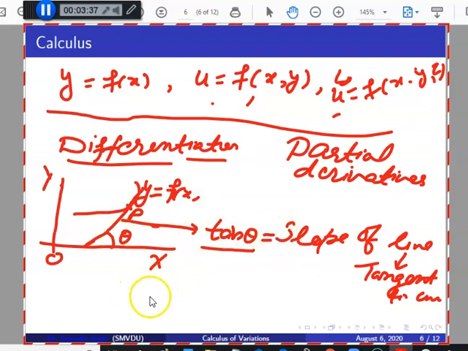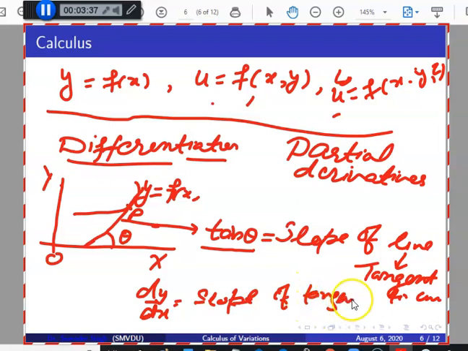Now in differential calculus, if I write dy by dx, then it represents the slope of tangent to this curve. So in this situation, this dy by dx in fact is representing tangent of theta, right?